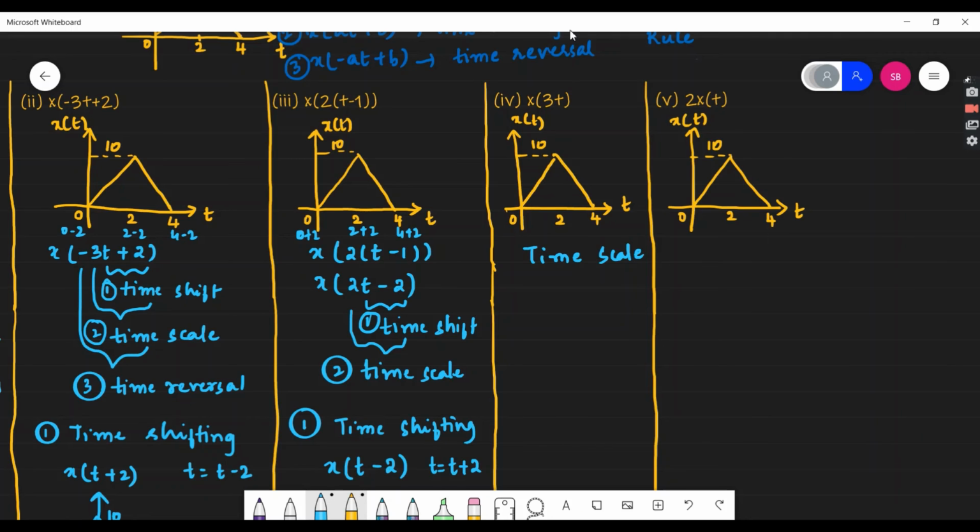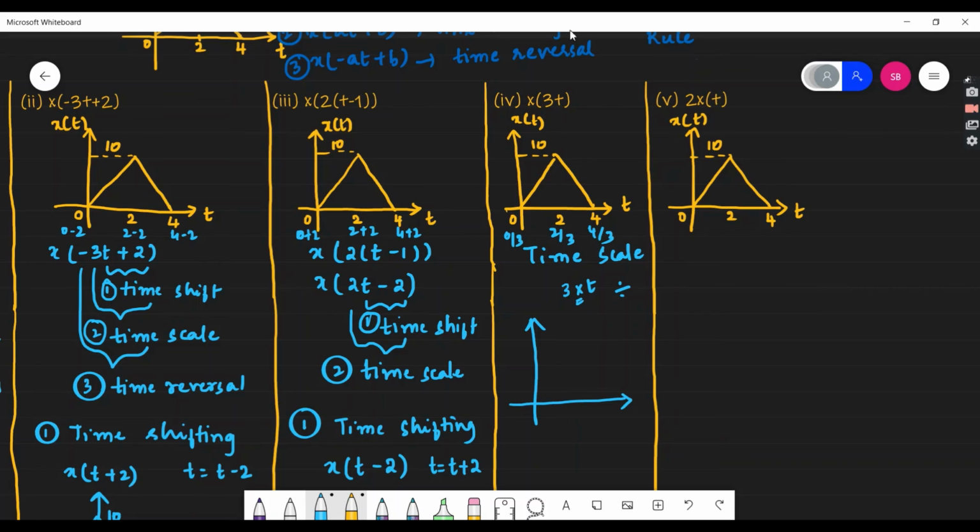Time has some constant value prior to it, so it is a multiplicative term, 3 into t. So in the operation I have to use division. For this particular signal I have to divide by 3.